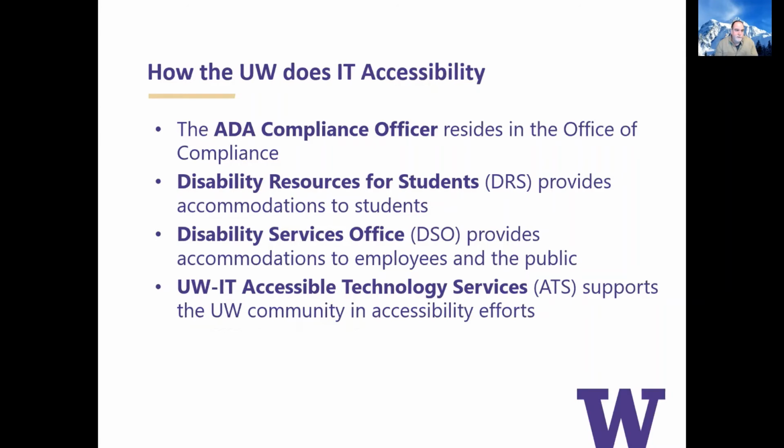So that includes remediating any inaccessible academic materials, dealing with requests for extra time for examinations, and relocating classrooms due to physical accessibility issues. We also have a disability services office that essentially deals with everything else. So anybody who is not a student, so that's faculty, staff, visitors, non-matriculated students, are all assisted by the DSO.